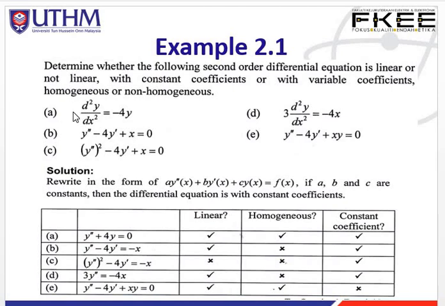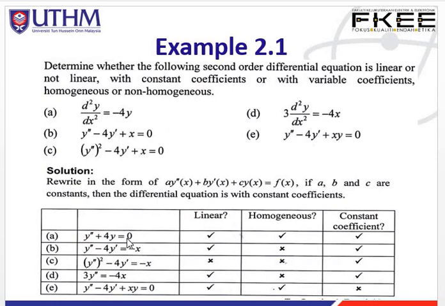In this case, we have y double prime, and y is on the right-hand side as negative 4y, so we move the negative 4y to the left-hand side. You have y double prime plus 4y equal to 0.